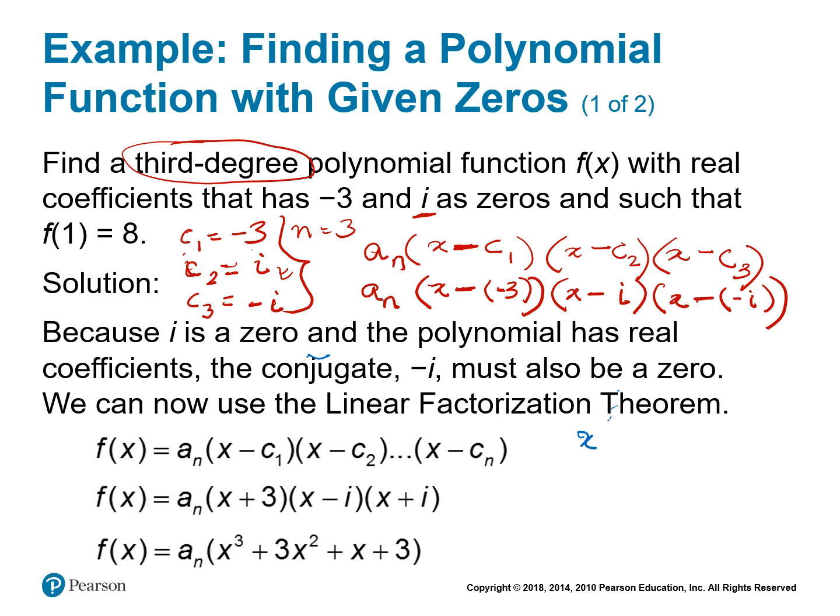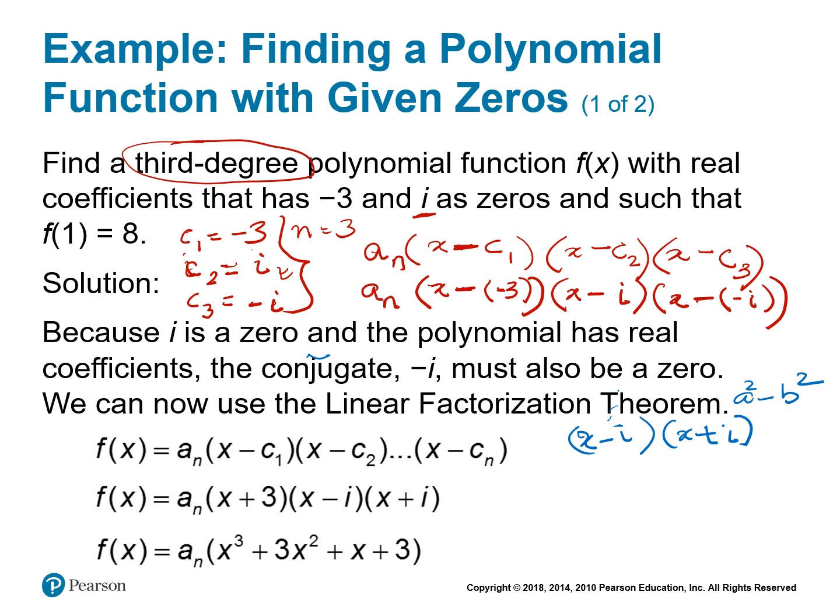All right, so x minus i times x plus i. Now, x minus i times x plus i will give you the difference of squares, right? So we have i's in both the factors, and one is a minus and one is a plus. So it can take the form a squared minus b squared. That's the difference of squares.